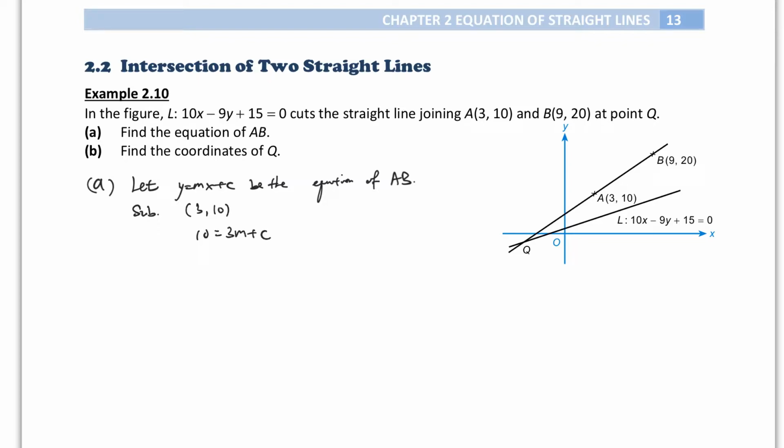We have equation 1. Then substitute 9 and 20, so 20 is equal to 9m plus c. We have equation 2. Use your calculator, you can find m is equal to 5 over 3 and c is equal to 5.